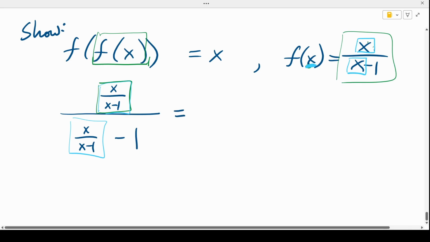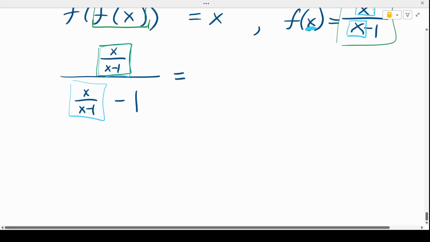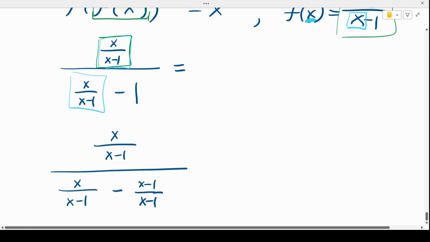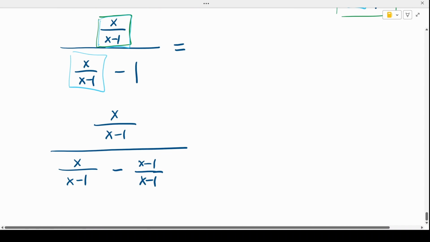Now, this is the same as x over x minus 1 over x minus 1 minus, well, 1 is the same as x minus 1 over x minus 1. Why am I choosing that? I'm choosing that because now my denominators match, and I'll be able to subtract these two fractions.